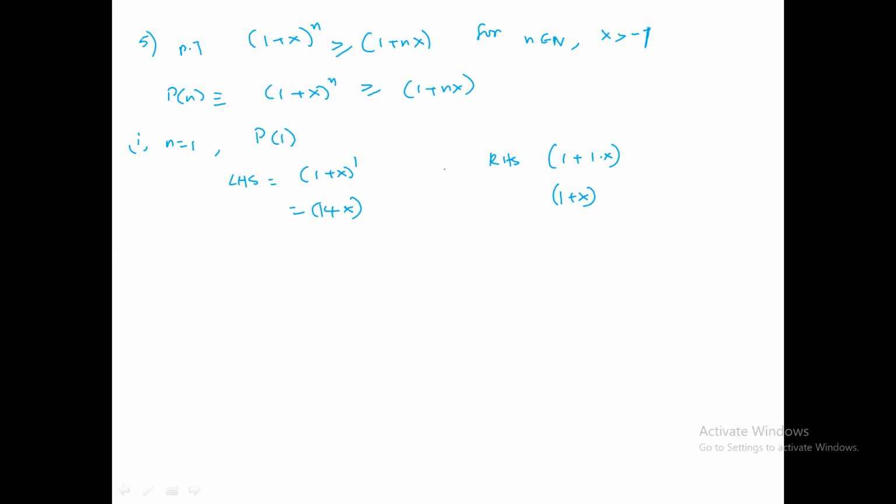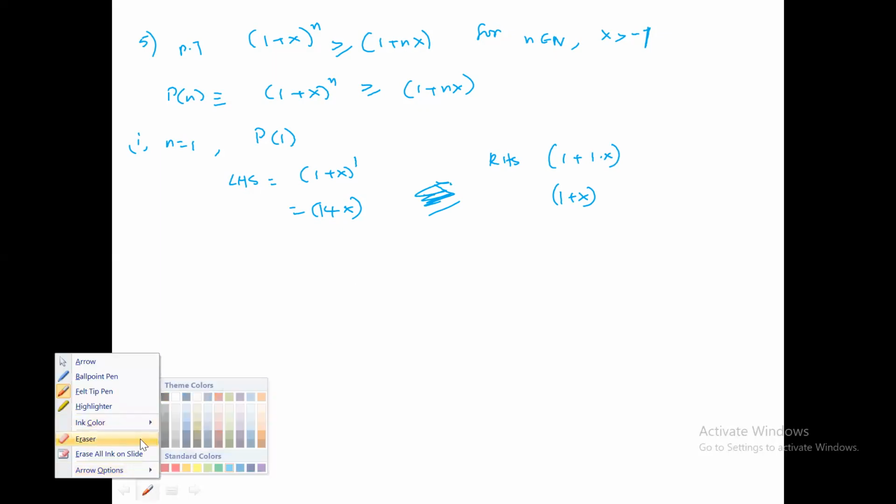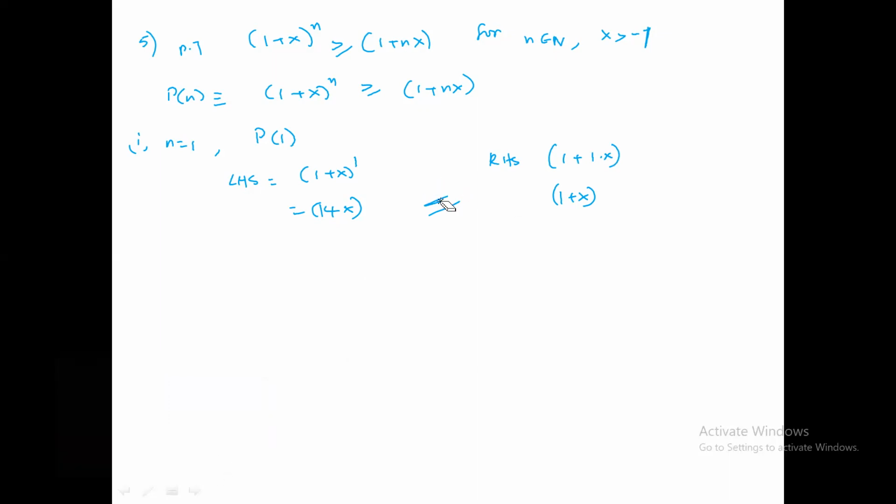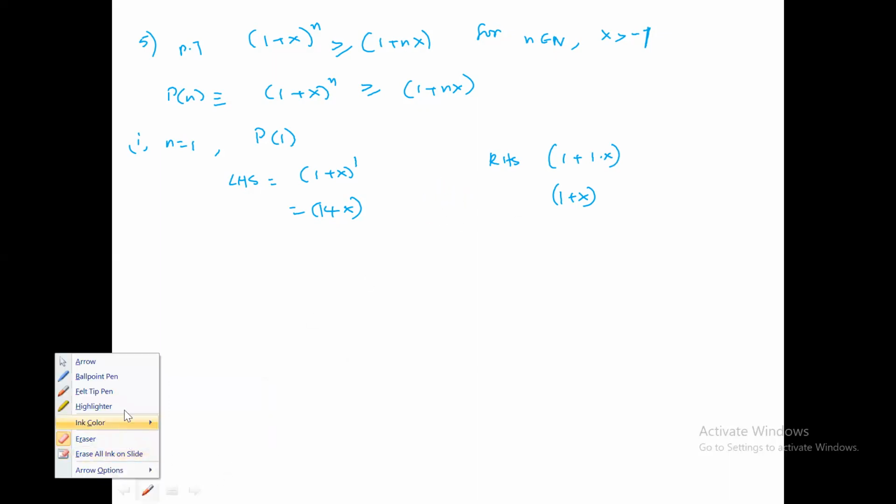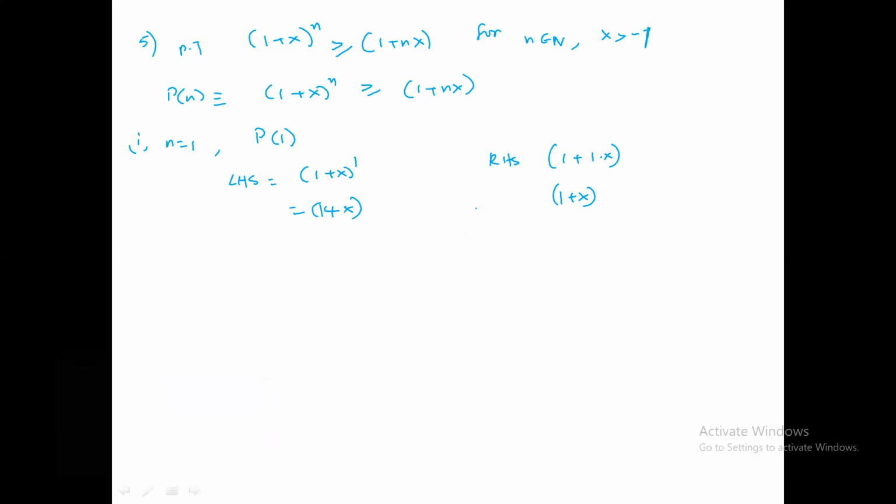So you can say the left hand side is equal to the right hand side. Greater than or equal, anything will do. So instead of writing greater than or equal, I will just write equal. In that way also I have proved P of 1 is true.